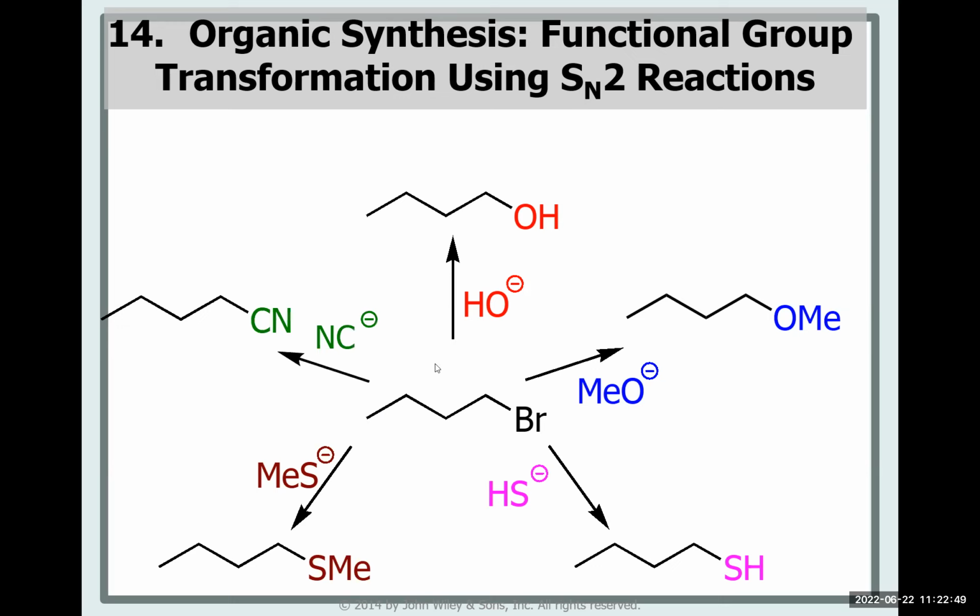So this would be a good thing to practice for getting used to doing SN2 reactions: you could just do that bromine with all those different things. And what kind of solvent would you use for this? Polar aprotic solvent, because you don't want the protons messing up the process of these nucleophiles.